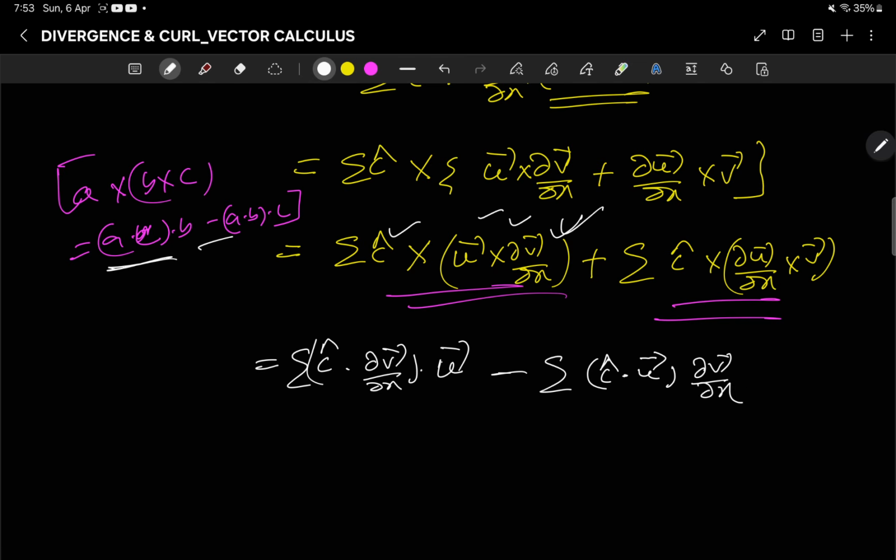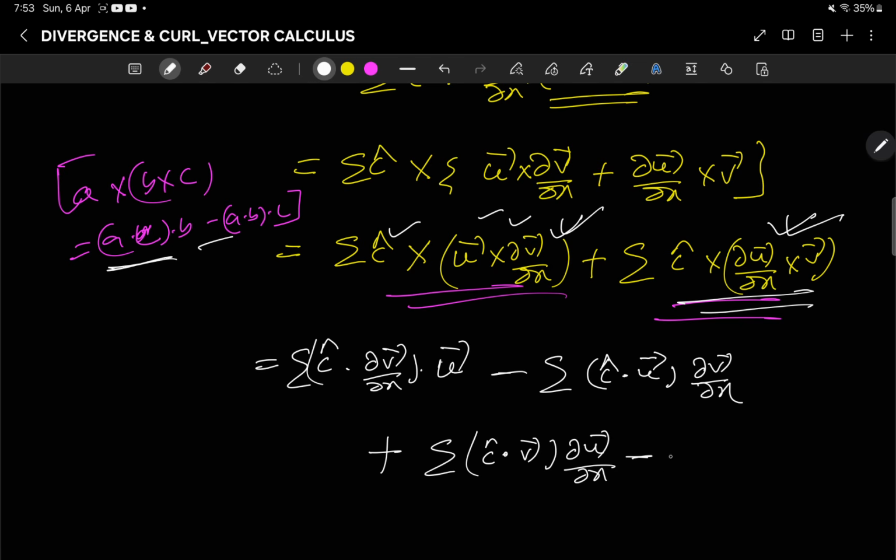Now coming to the second term, you have again plus summation of i dot v del u by del x minus summation of i dot del u by del x here v. Okay, now we apply this formula here.